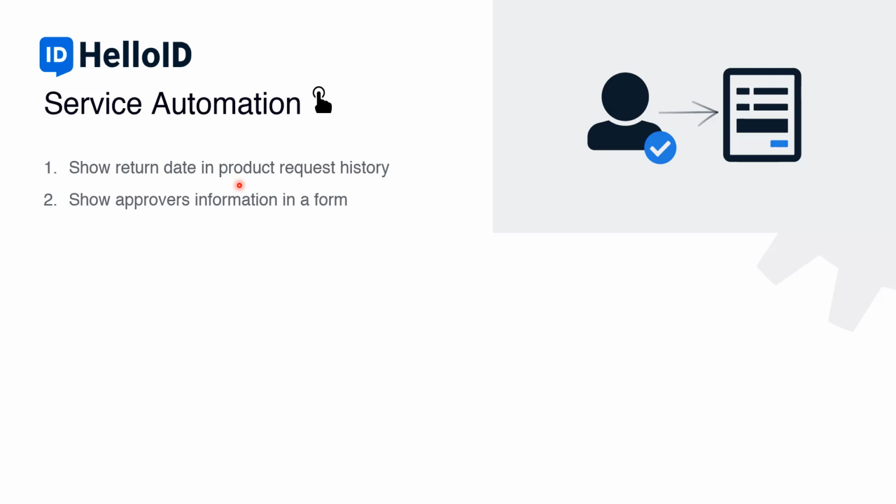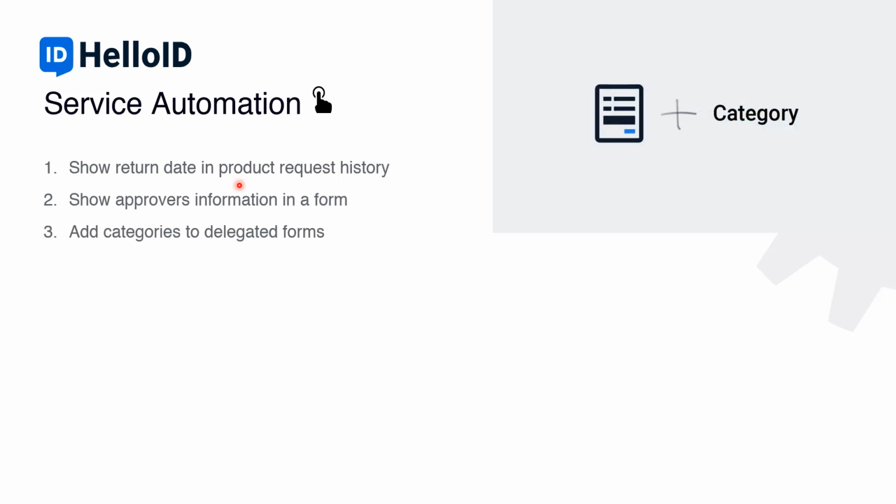You can also turn that option on and off, but as an end user, you have more information on who is going to approve. I think a bigger one is that you now have categories in the service desk section, especially helpful if you have a lot of applications. Now you can group them together by category.